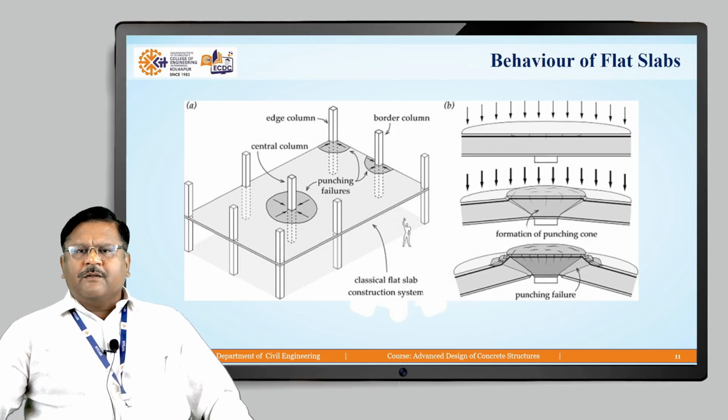Due to that load, the flat slab is deflected like this, and due to that deflection, the formation of punching comes into picture, and this punching failure is shown in the next figure. So, to avoid that punching, we want to provide some drop or column head, and when you provide the drops and column heads, it is not a very serious problem while designing the flat slabs.